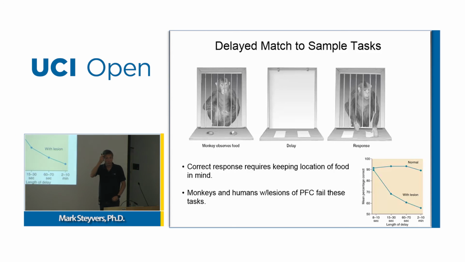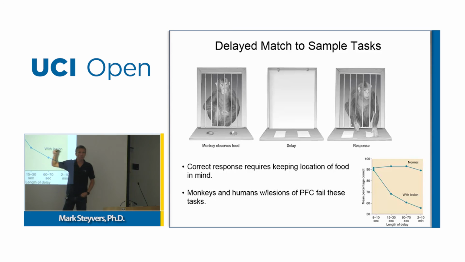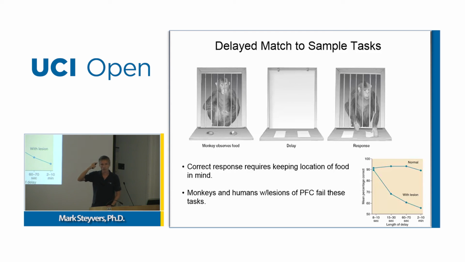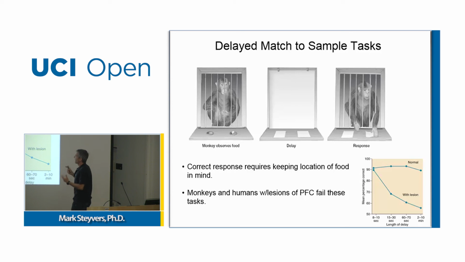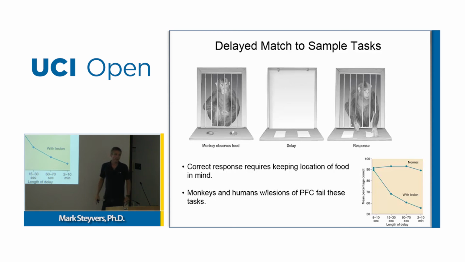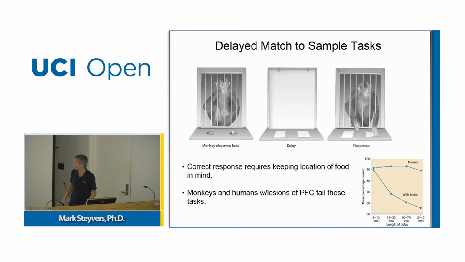Monkeys that have lesions to their prefrontal cortex do fine on these very short delays, which is important because it means that their vision is working. Right? So their entire brain is not damaged, but they do much worse with long delays. They seemingly cannot hold on to information over long time periods.